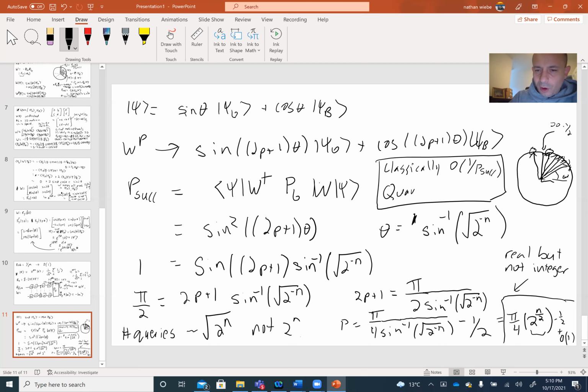Quantumly, from the exact same argument, we need order 1 over the square root of the probability of success. Now, the reason it's a square root comes about entirely because probability is equal to psi squared in quantum.